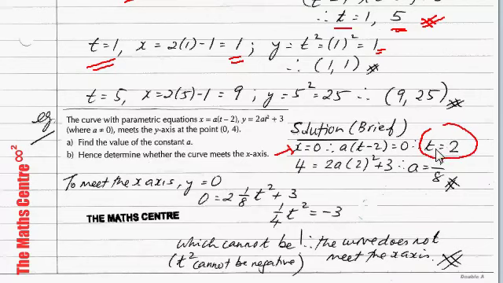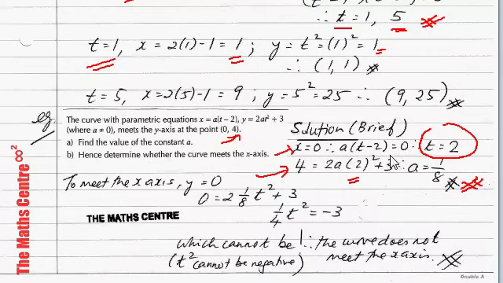They gave me the y value, it's 4, but we know that y equals 2at squared plus 3, and we already know the t value as 2. So 4 equals 2a times 2 squared, plus 3. Clean this up and you will get a equals 1 over 8.